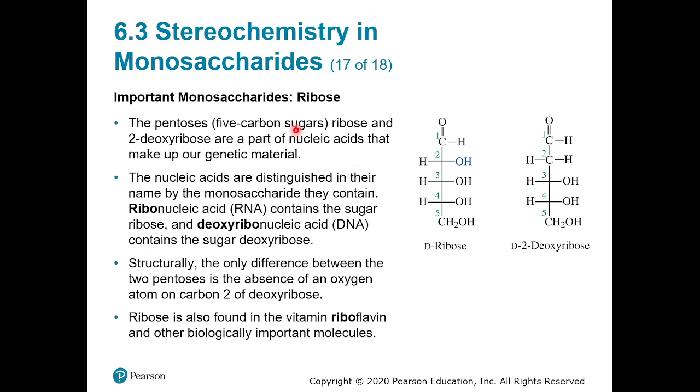Ribose, this is the pentose. Pentose, pent meaning 5 carbon. And so ribose and 2-deoxyribose are actually going to be part of the nucleic acids that make up our genetic material. DNA, what does the D stand for? Anybody? Yeah, it actually stands for deoxyribose, doesn't it?